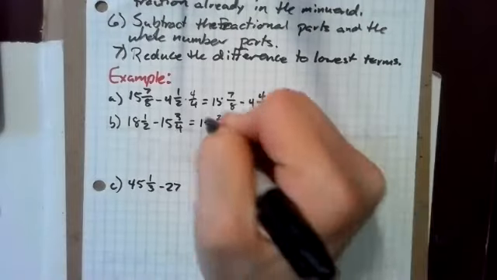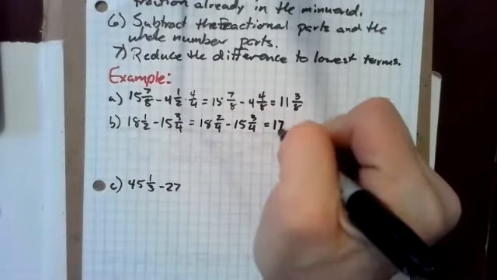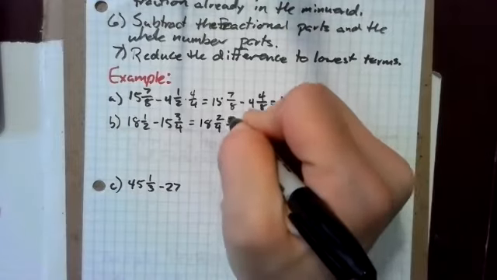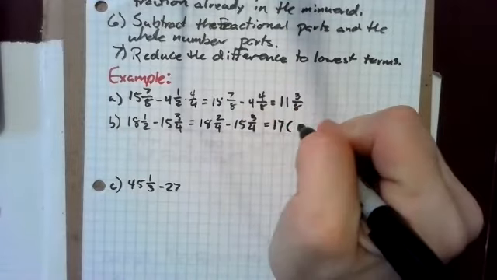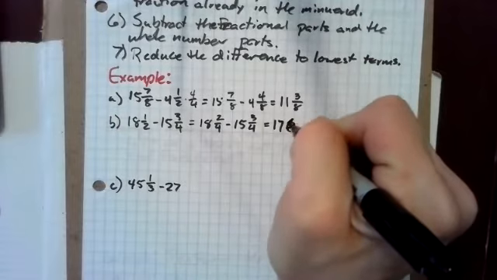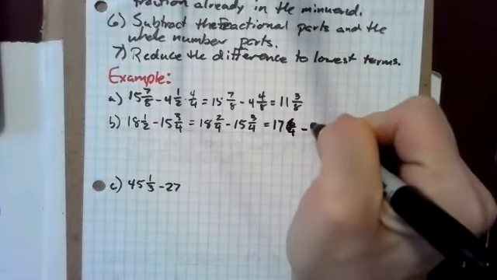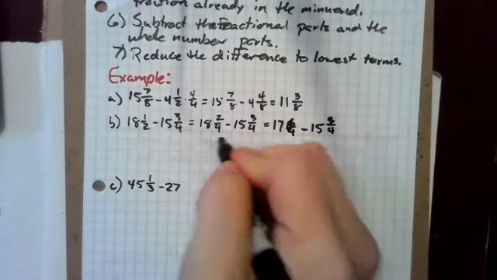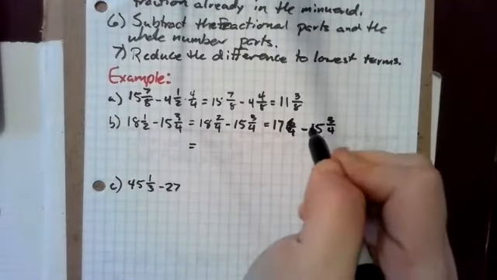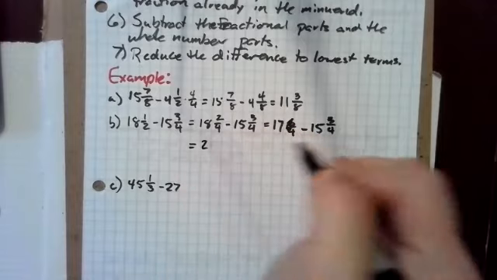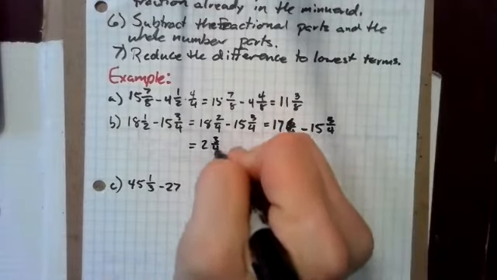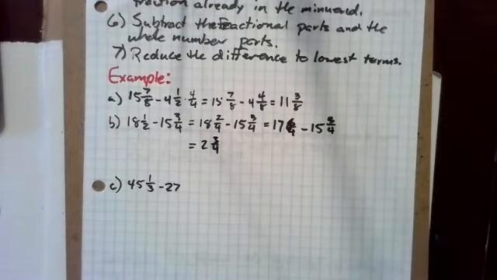So we'll borrow 1 from our 18, we'll make that 17, and then 2/4 plus 4/4 is 6/4. And then we'll subtract 15 3/4 from that. So then we've got 17 minus 15 is 2, 6/4 minus 3/4 is 3/4. And there's the solution to that one.